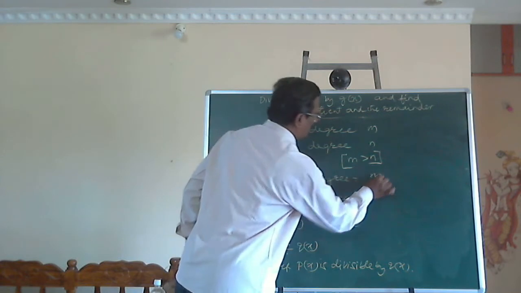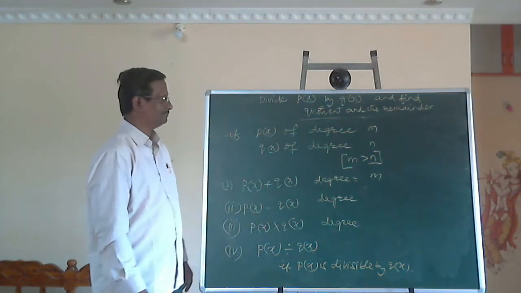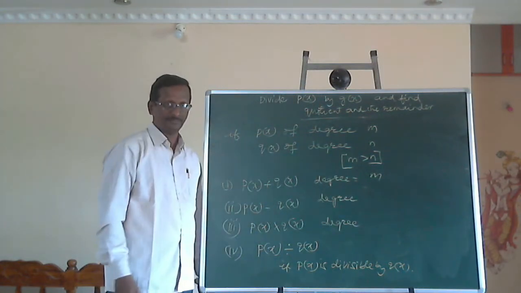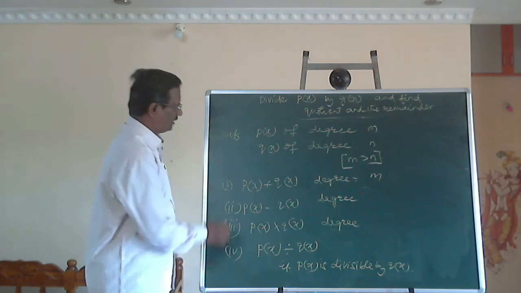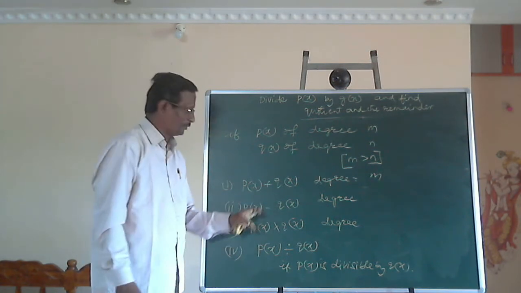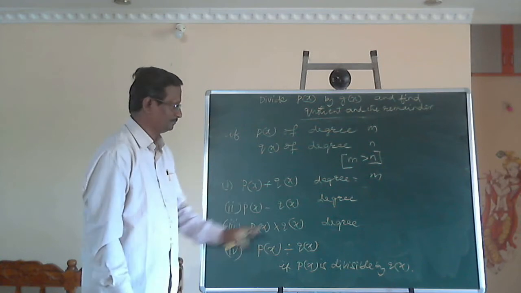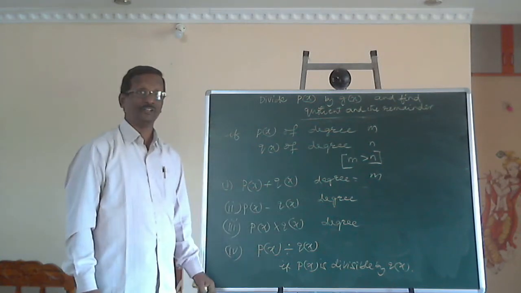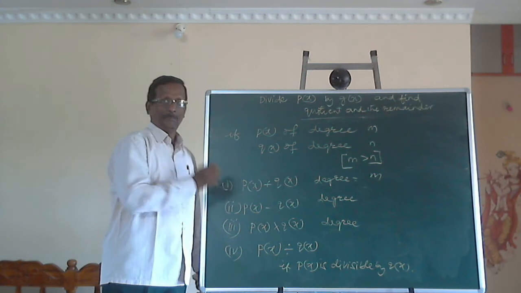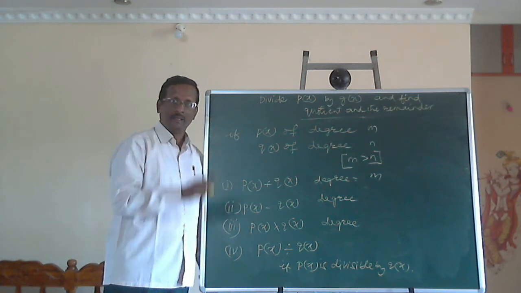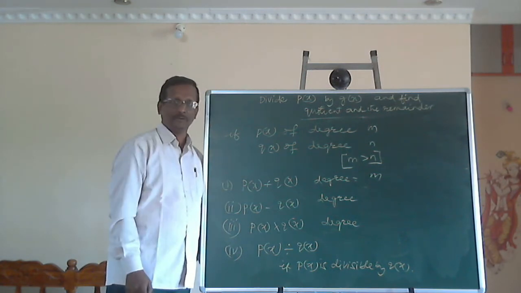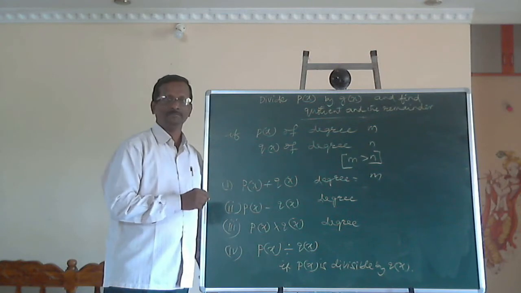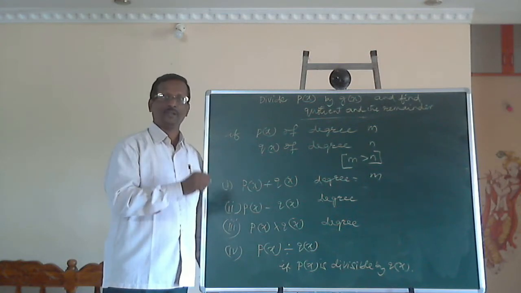Therefore, degree of the polynomial is the greater degree. In case Px and Qx are the two polynomials, when subtraction is done, the degree of Px minus Qx. Remember, if Px and Qx are polynomials, Px plus Qx is always a polynomial. So, degree is defined. Px minus Qx is also a polynomial.